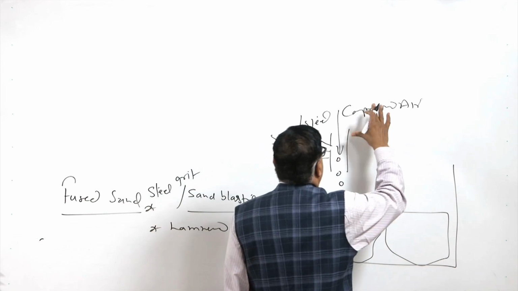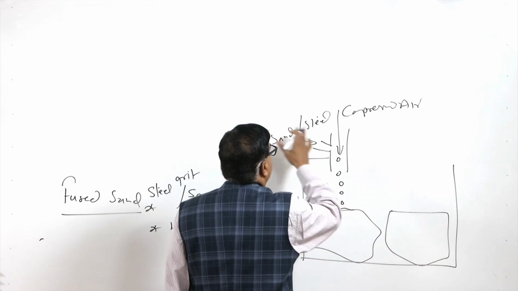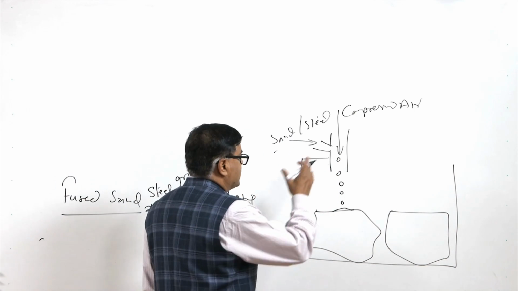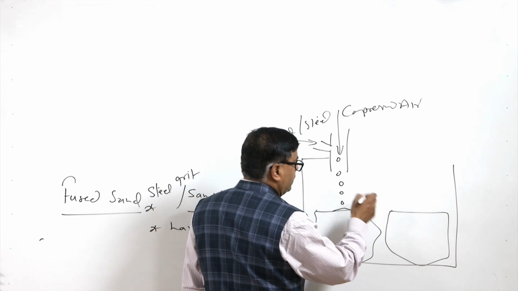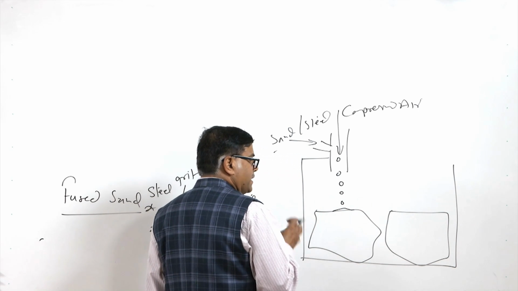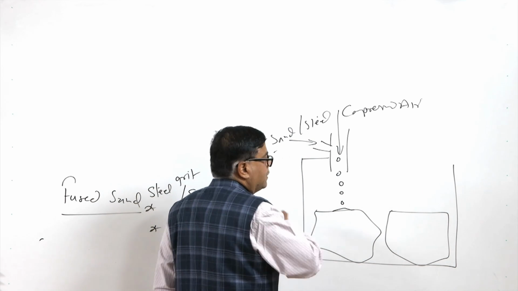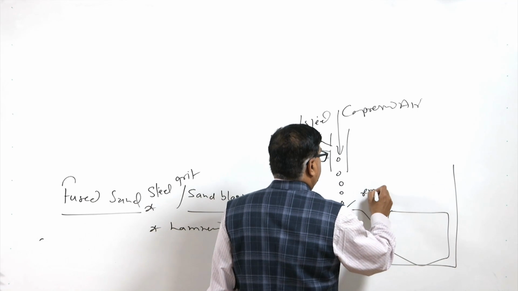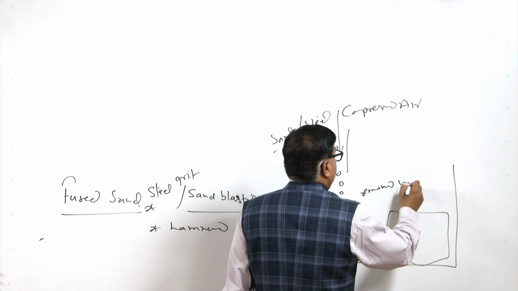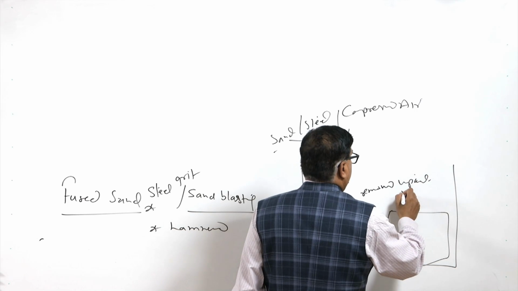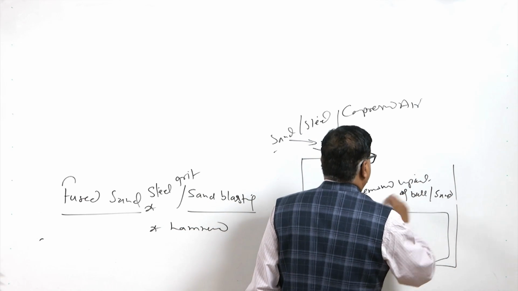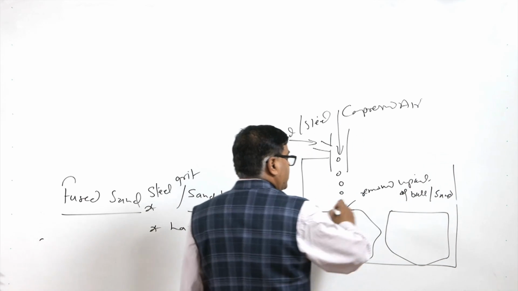So, here compressed air with the sand particles or the steel balls is directed onto the surface having all these undesirable features like fused sand or the fine projections. So, these are removed by impact of the balls or of the sand, and that is how it is cleaned.